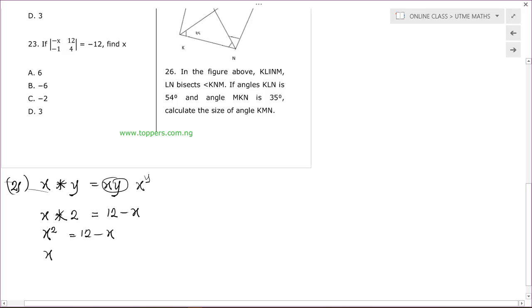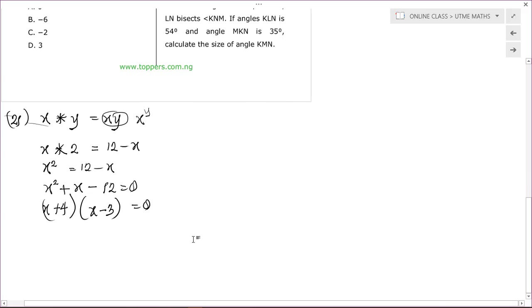Change to the other side, we have x squared plus x minus 12 equals 0. Factorizing this will give us x plus 4, x minus 3 equals 0. The meaning of this is that it will give us x plus 4 equals 0 or x minus 3 equals 0.